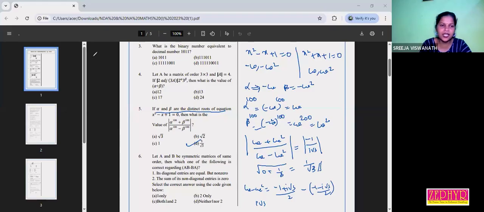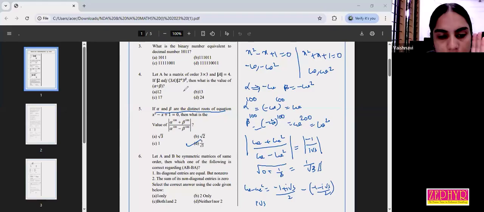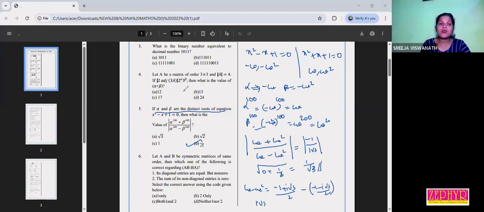Next question. Is it clear? Any doubt? Let me explain modulus once more. Modulus of a complex number: if z is equal to a plus ib, then the modulus is equal to root of a square plus b square, root of real part square plus imaginary part square. Here the real part is 0, it contains only i. So real part 0, 0 square is 0.